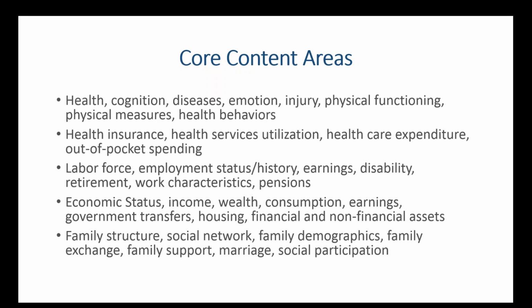Those include things like family structure, how many living children they have, whether their parents are living, how often they engage with those family members, how often they engage with friends or their community, whether they volunteer or go to religious ceremonies frequently. Family exchange: in some of these surveys, it's very important the money that is transferred between different generations, so that tries to be captured. And then marriage and social participation.